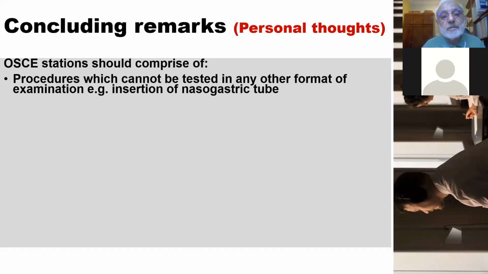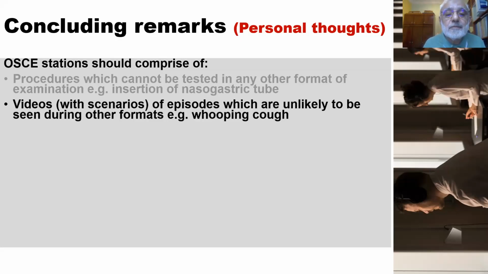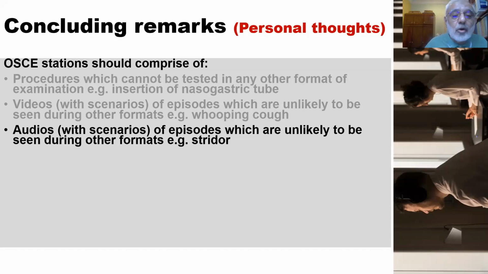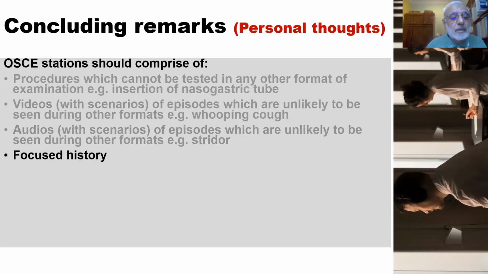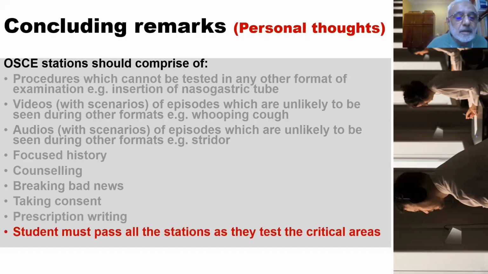For example, insertion of nasogastric tube, videos of episodes which are unlikely to be seen during other formats like whooping cough or status epilepticus, audios of episodes which are unlikely to be seen during other formats like stridor, focused history, counseling, breaking bad news, taking consent, and prescription writing.